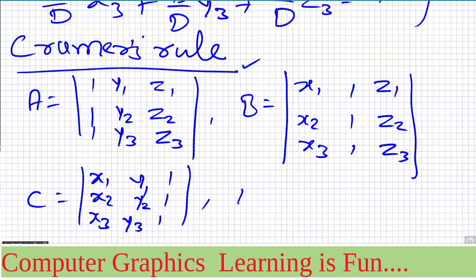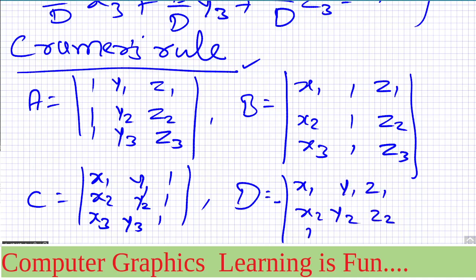Also, what will be the value of d? In d you will have minus of the determinant of all of these, x1 y1 z1, x2 y2 z2 and x3 y3 z3.